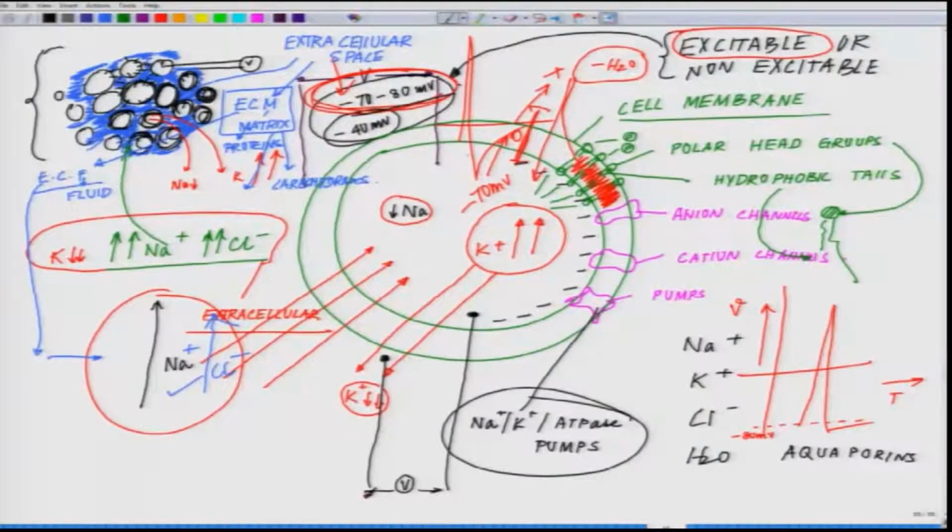So, these minus signs show what I meant by that, and with respect to outside it is more positive. Now, if you see the membrane as such, a part of the membrane looks something like this. Positive, positive, these are the positive charges outside, and here you have the negative charges.